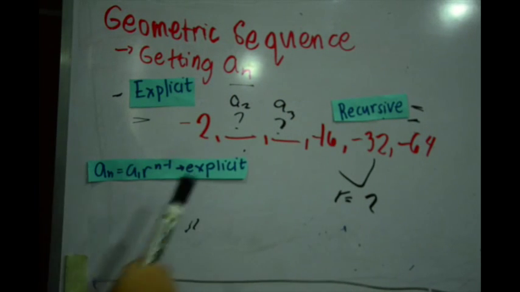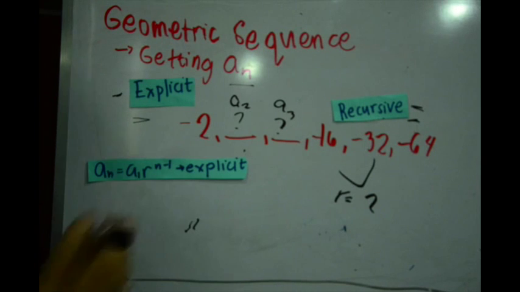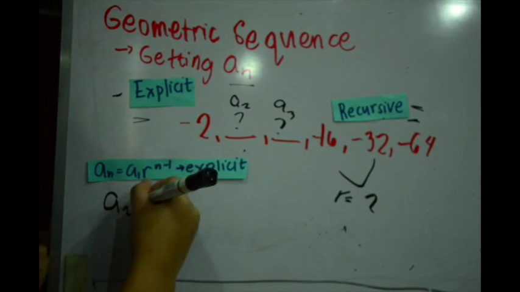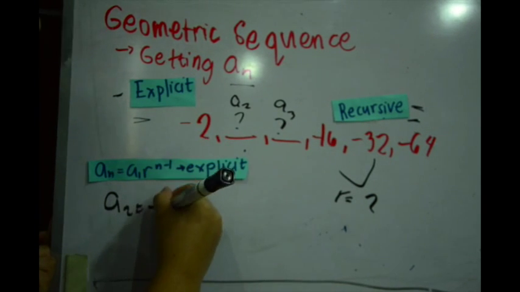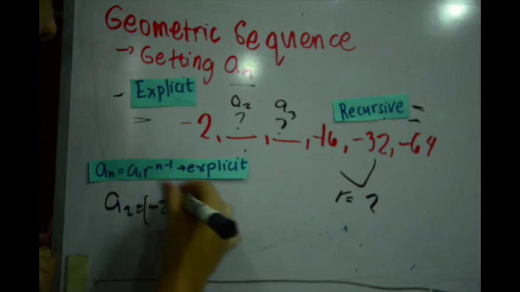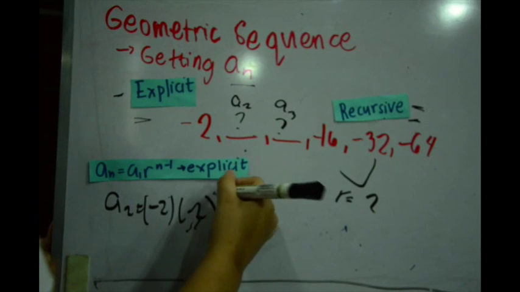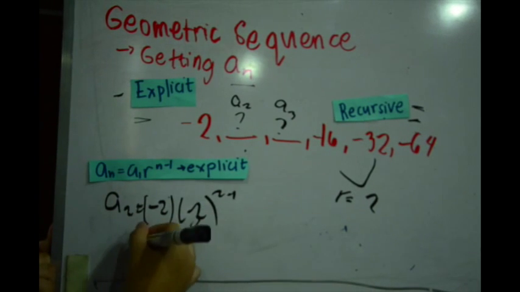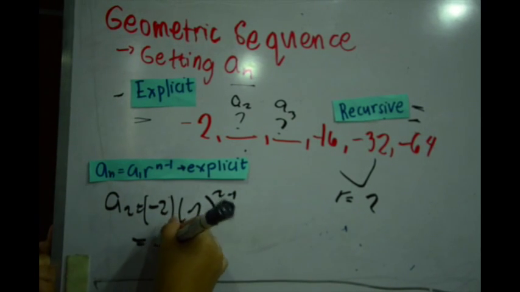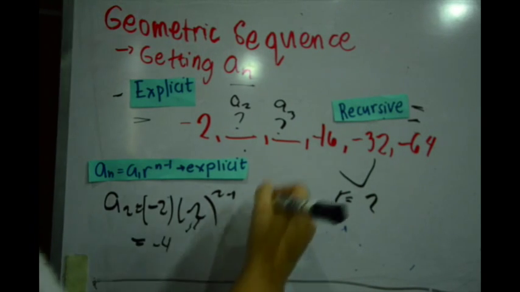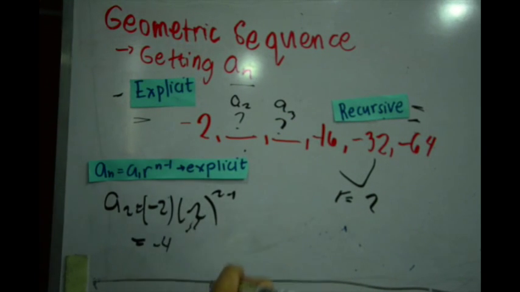So, substituting in this equation, we have a sub 2 is equal to a sub 1, which is -2, times r, which is 2, raised to n, 2 minus 1. So it will equal -4. So a sub 2 is equal to -4.